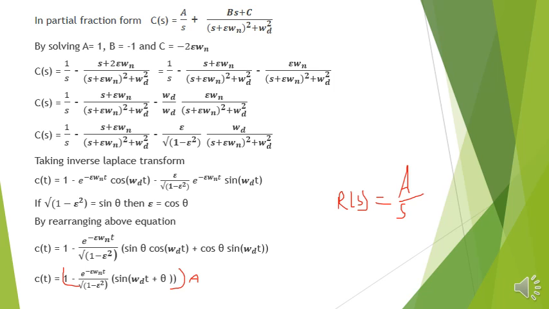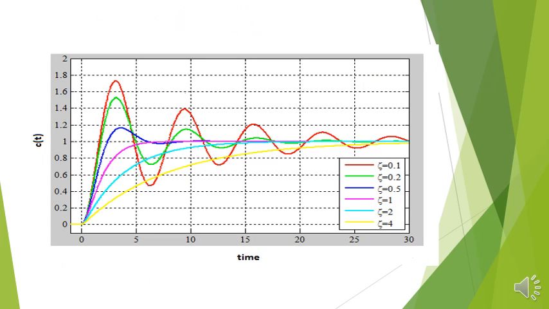Okay, now what is the waveform? See here, though we have derived the equation only for the underdamped system, this is the waveform for all the cases. Here this red colored one is for underdamped when zeta is equal to 0.1. This green color is also underdamped and this blue color is also underdamped.